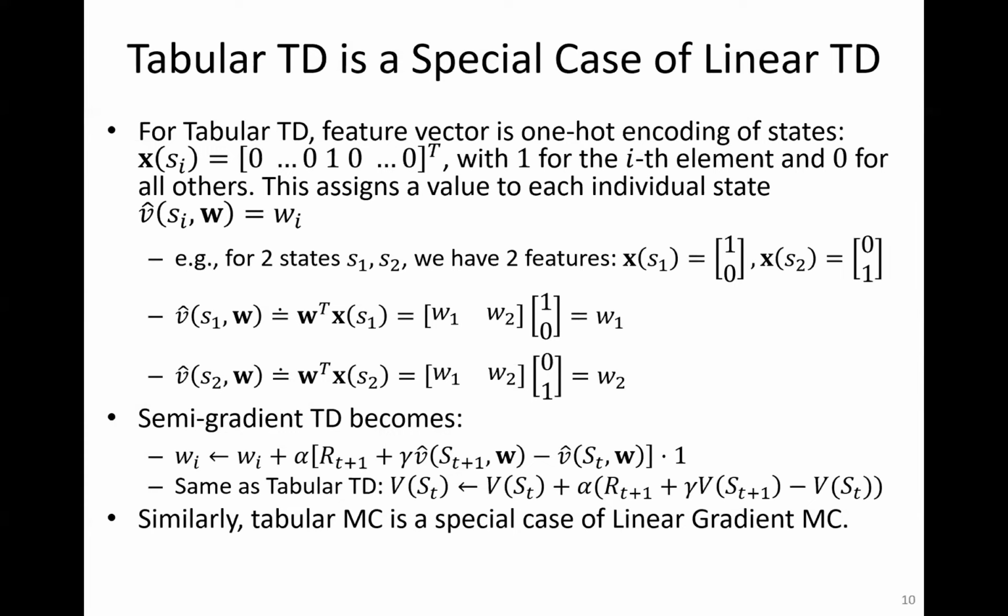The feature for S2 is a vector of 0, 1. And then the value function for S1 by definition is equal to W1, and the value function for S2 is equal to W2. So the features simply pick out the corresponding weight for that state. So it assigns a value to each individual state. That's the tabular TD.